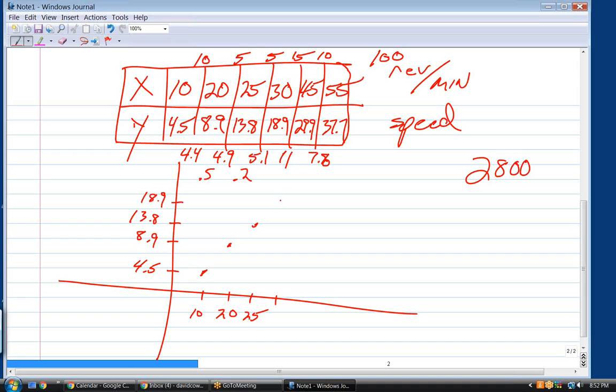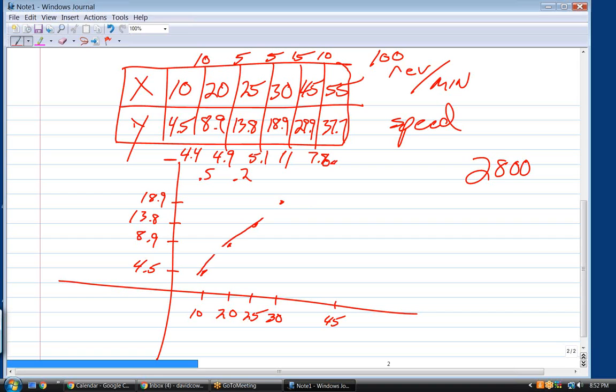And 30 is right there. It's starting to look linear. 45, that would be way over here. And that's 29, going to be way up there.